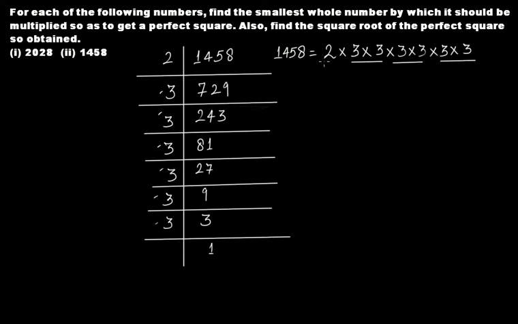So similarly, if you have to make this number a perfect square by multiplying a whole number to it, then what number will you multiply by? That number will be 2. So if you multiply 1458 by 2, you are able to make this 2 in pair.